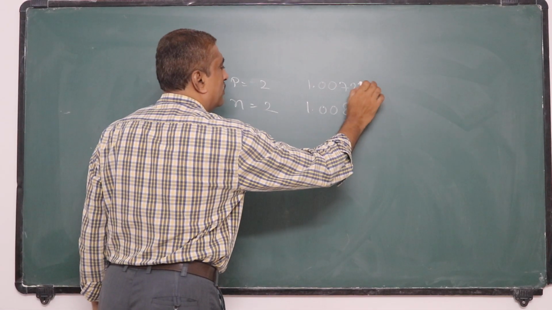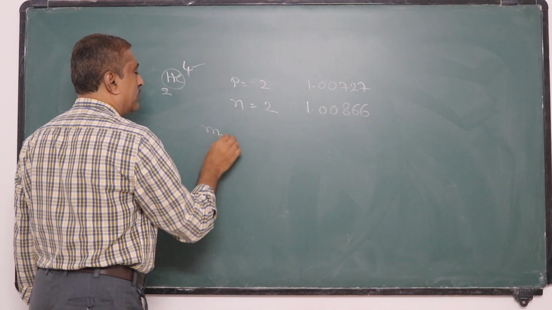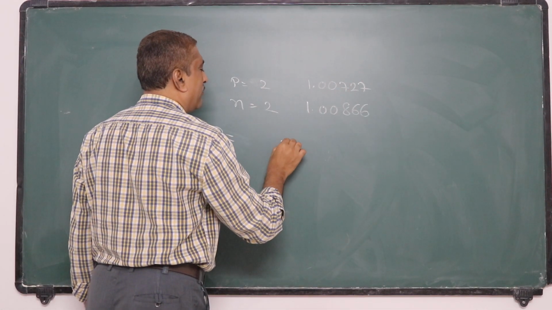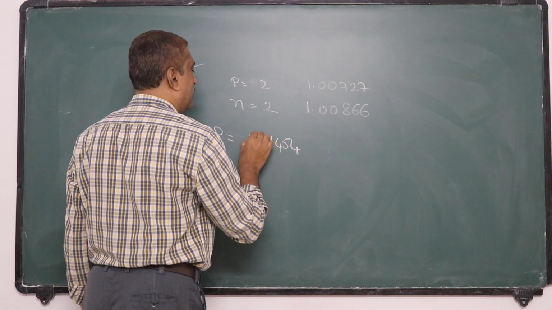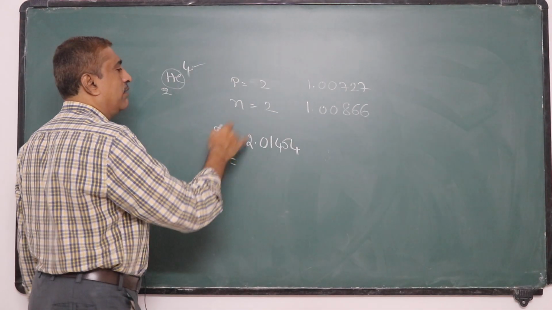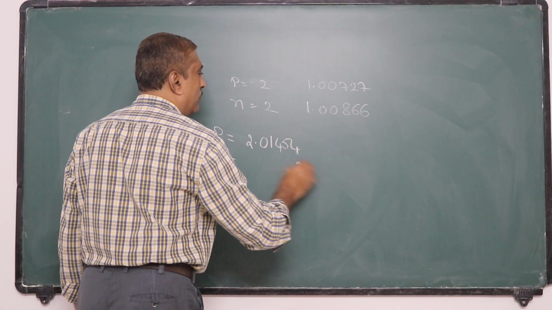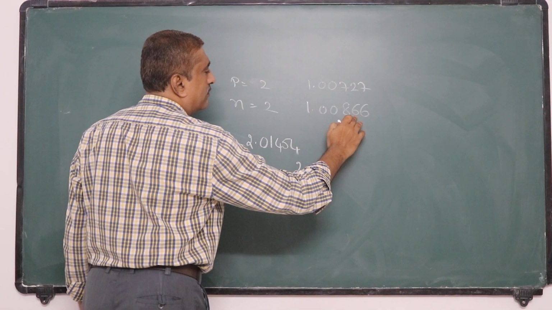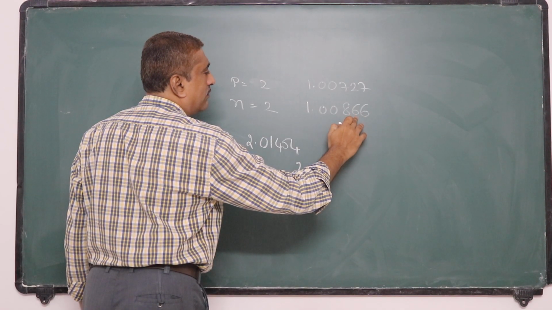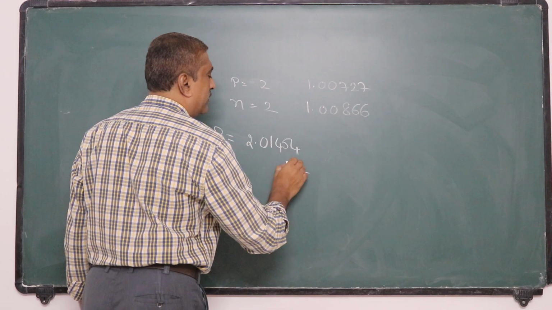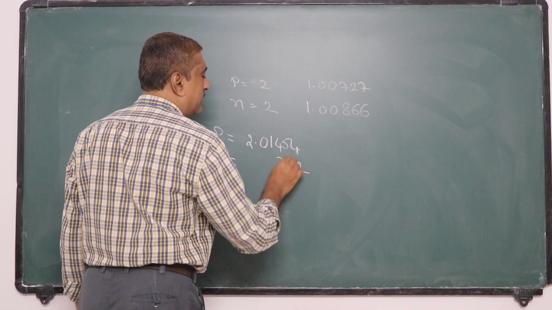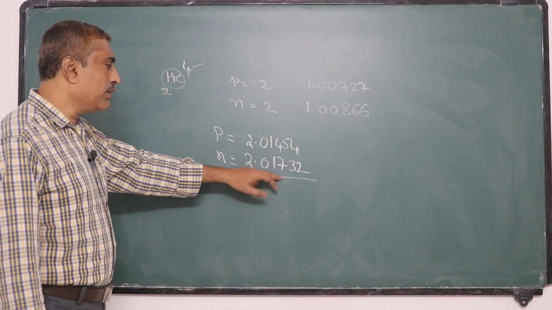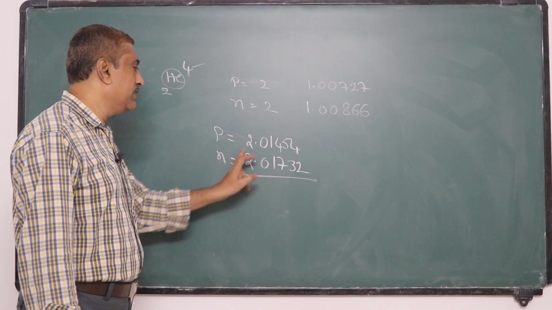That means we multiply each by 2. So this is the total mass of the protons and this is the total mass of the neutrons.